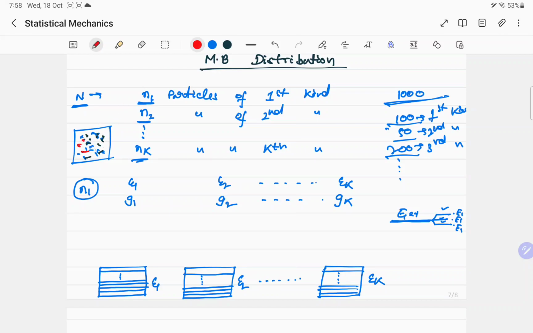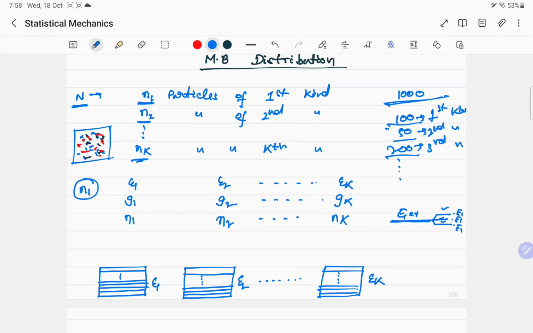I have to arrange all the red balls, the particles of the first kind, in the first box, then the n2 blue balls in the second box, and then the black balls in the kth cell. So I have to arrange nk particles in the kth cell.